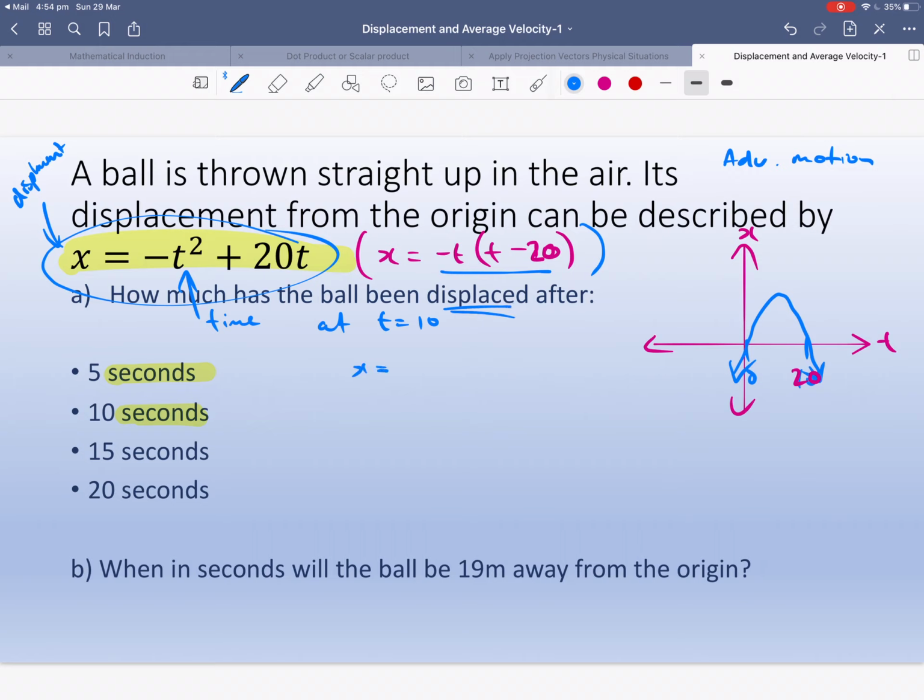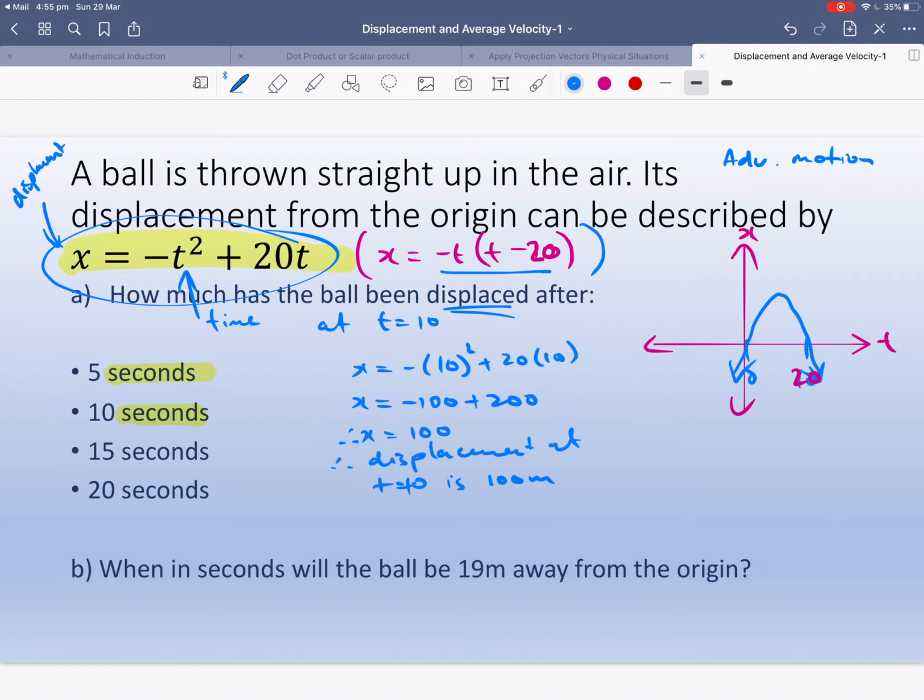So we get x equals minus 10 squared plus 20 times 10, and displacement is equal to minus 100 plus 200. Therefore, x equals 100. Therefore, displacement at t equals 10 is 100 meters.